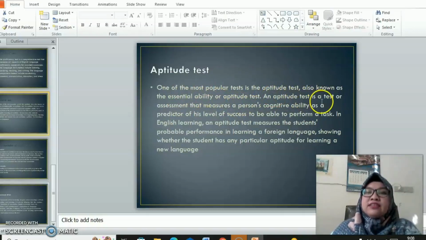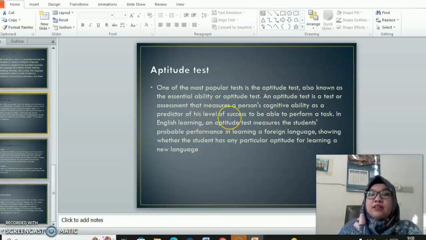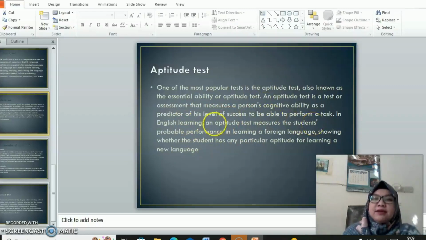An aptitude test is a test or assessment that measures a person's cognitive ability as a predictor of his level of success to be able to perform a task. In English learning, an aptitude test measures the student's probable performance in learning a foreign language, showing whether the student has any particular aptitude for learning a new language.